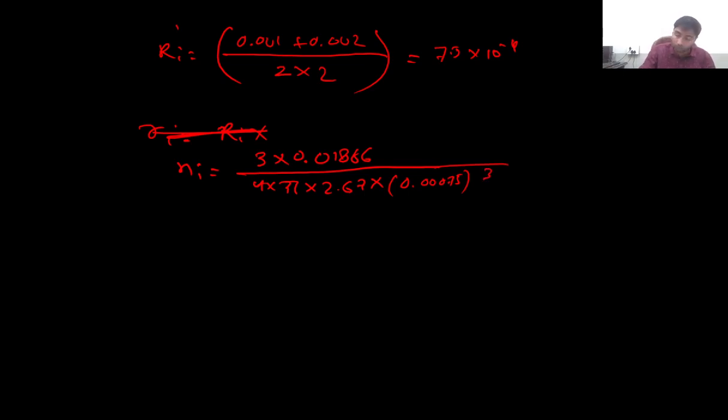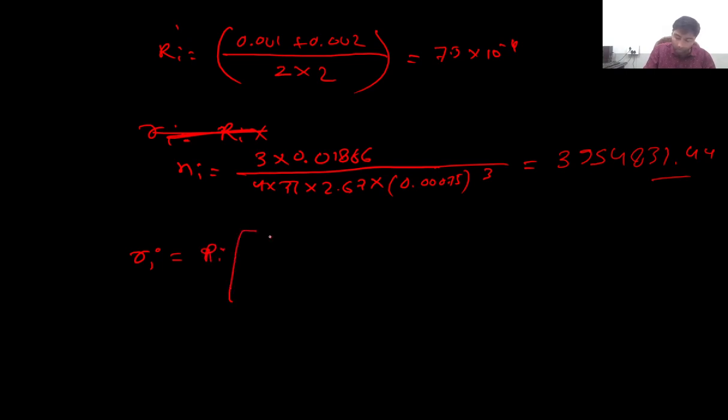Then if we solve this, we'll get the value of Ni as 3 into 0.01866 divided by 4 into pi into 2.67 into 0.00075 to the whole cube, and that will give you 3954831.44 particles.